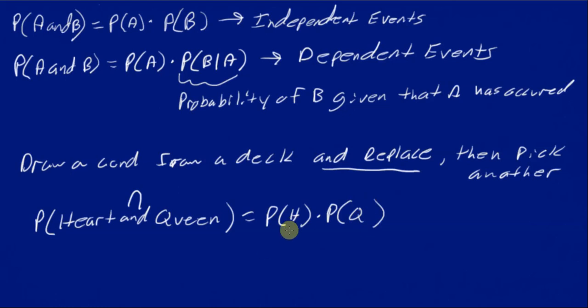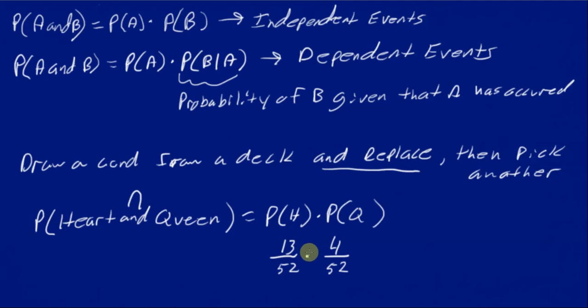All right. Now remember, there are four suits, each containing 13 cards. So there are 13 favorable events, or ways it can occur, out of a total of 52. The probability of a queen, well, each suit has a queen, so there are four, out of 52 cards.